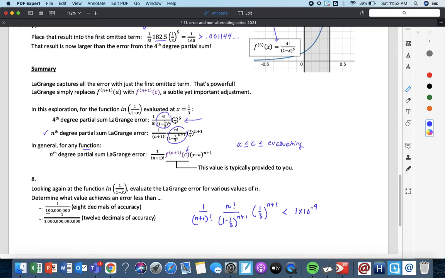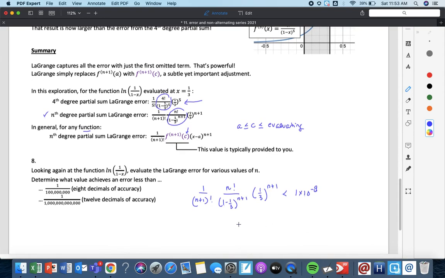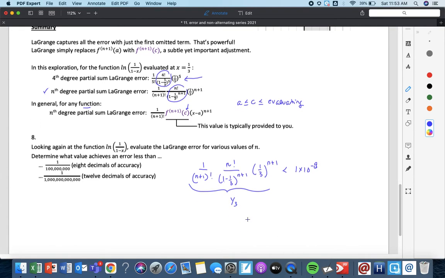And to achieve that desired accuracy, what I did is I put this into y3 just so I could evaluate it, and I found that when n equals 25, I achieve this result, which means I have to use the 25th degree partial sum in order to achieve this level of accuracy.